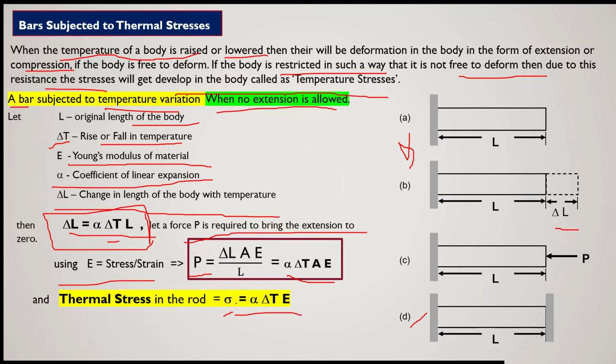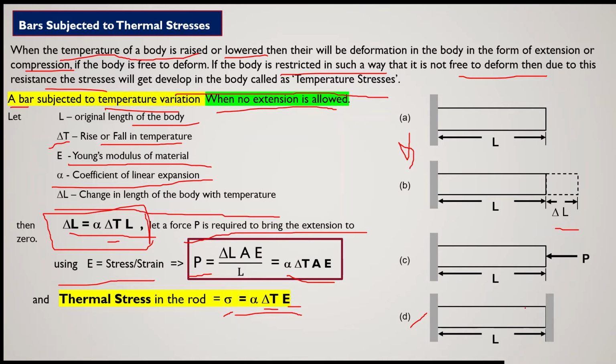So this stress depends directly upon alpha. That means this stress depends on the type of the material, whether it is steel, copper, brass, or any other material. The second thing is it depends on the change in temperature, that means how much the temperature is increased or decreased, and the Young's modulus of elasticity. So these are the three parameters on which thermal stresses depend.